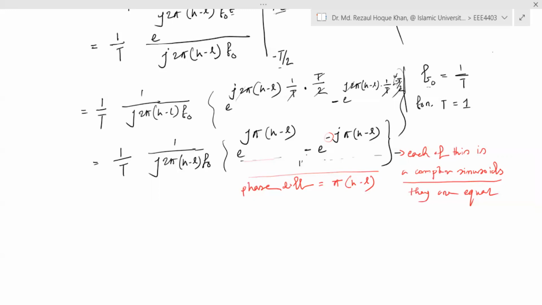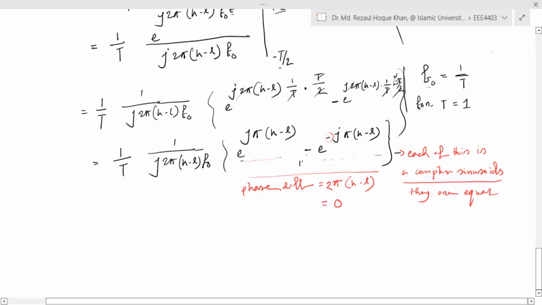Or actually twice pi. They are orthogonal, so the result is 0. For example, we know e to the power j theta is cos theta plus j sin theta, and e to the power minus j theta is cos theta minus j sin theta.